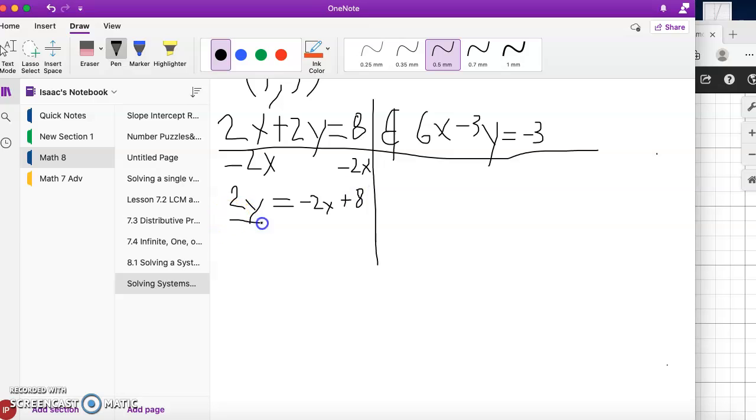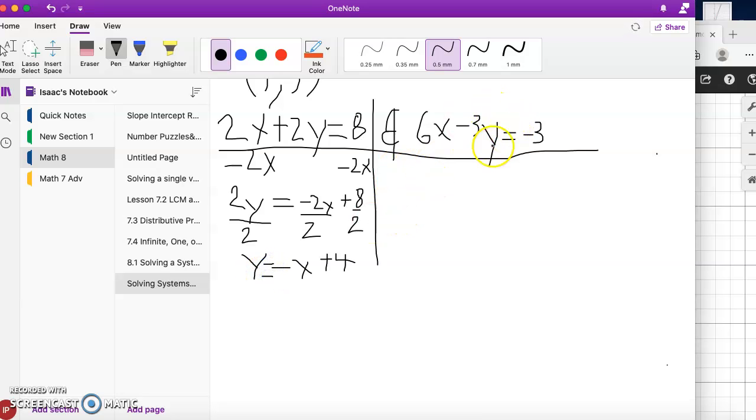Now I'm going to divide everything by 2 because 2 is multiplying the y right now. Then I get y equals negative x plus 4.